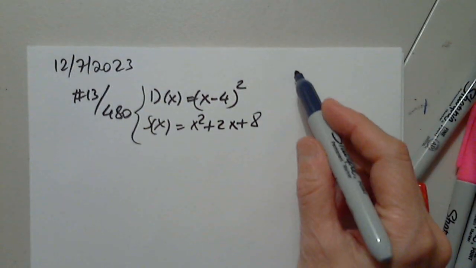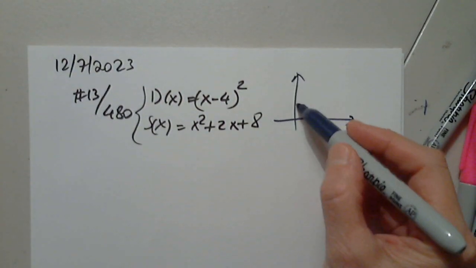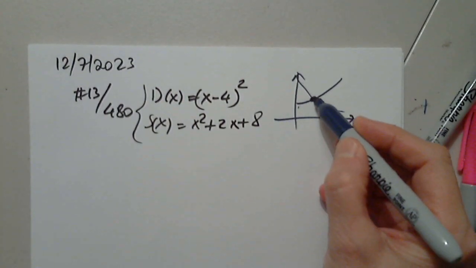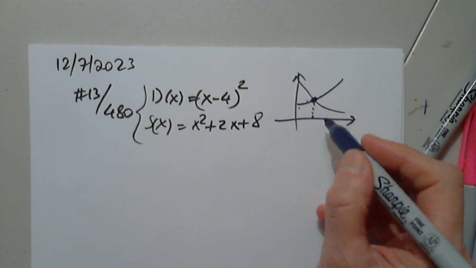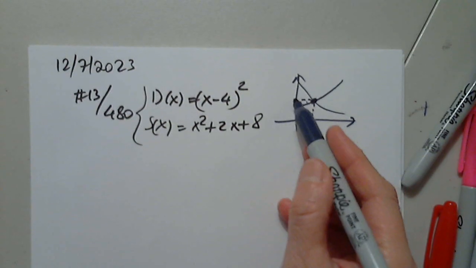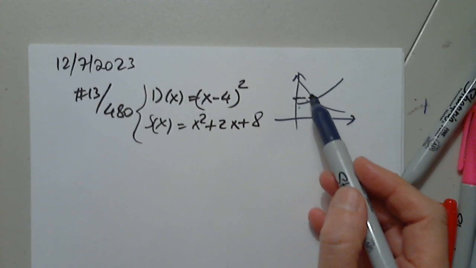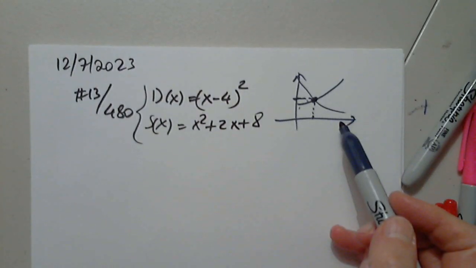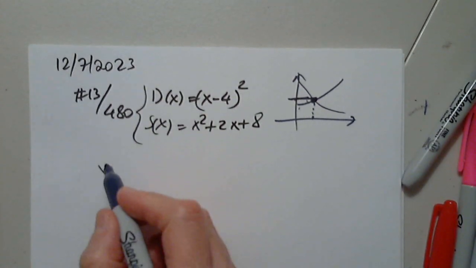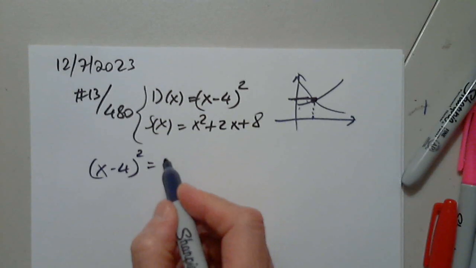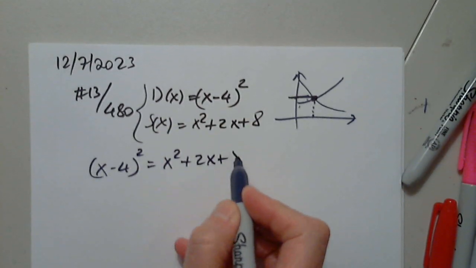Exactly, because the equilibrium point is exactly where this is the price and this is the number of units and this is the price per unit. So at this point, both of them are equal to each other. Same y value. So then x minus 4 squared must equal x squared plus 2x plus 8.